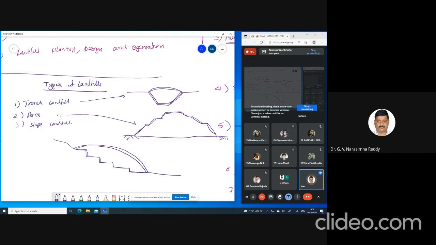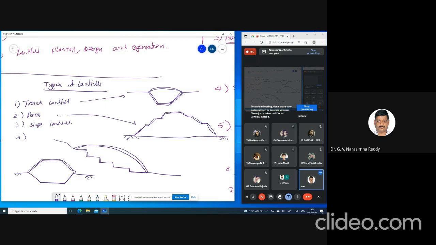This type of classification is purely based on whether you are laying the landfill below the ground or above the ground, or sometimes you can have it partially below and partially above. You can say the fourth is partially below and partially above. It is something like this. Of course it will have the components. I am not focusing on the components.